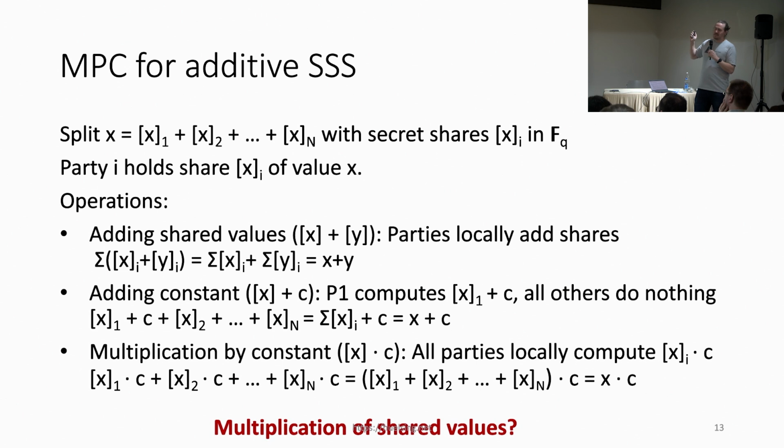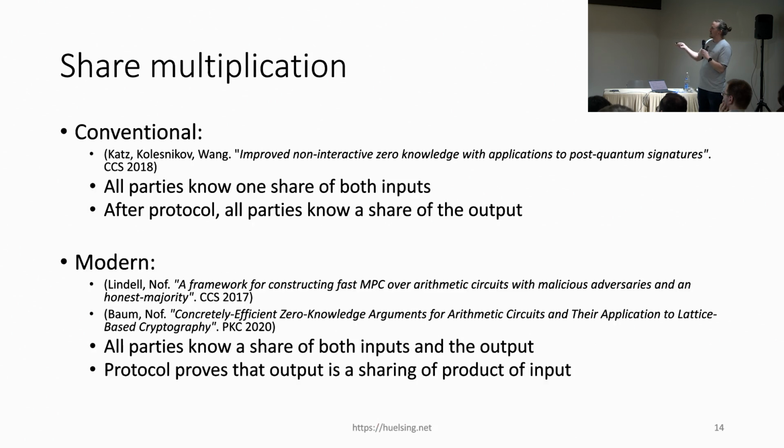The main thing is if I want to multiply two shares. This is where it gets complicated, and that's exactly the reason why I said multiplicative depth is an issue. The traditional way is you can build a system where all parties know a share of each input, and then after the protocol is run, all parties know a share of the output.